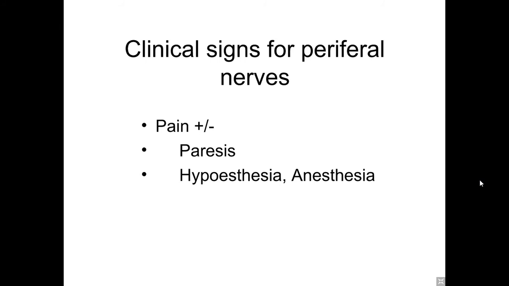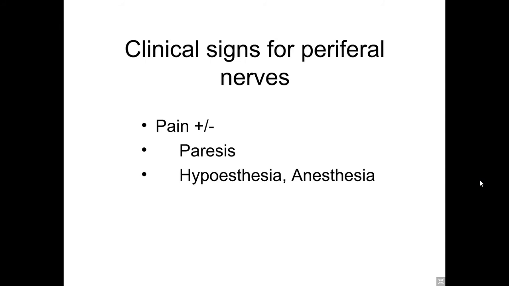In some cases, a patient could experience pain after trauma of peripheral nerves, but sometimes not. In any case, there is an impairment of conduction of a certain peripheral nerve.